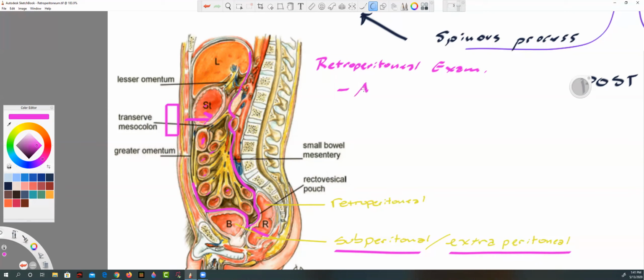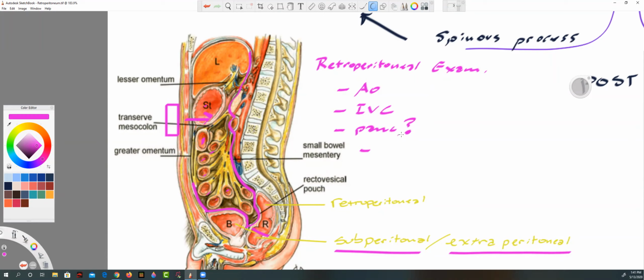Retroperitoneal is aorta, IVC, technically pancreas, but let me put pancreas with a question mark, because that has never been a part of my facility's protocol, although it is retroperitoneal. It is an organ in the retroperitoneum.